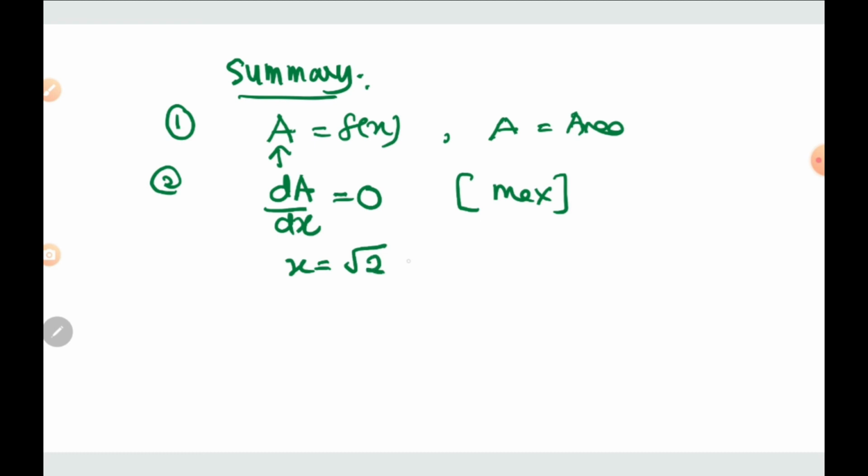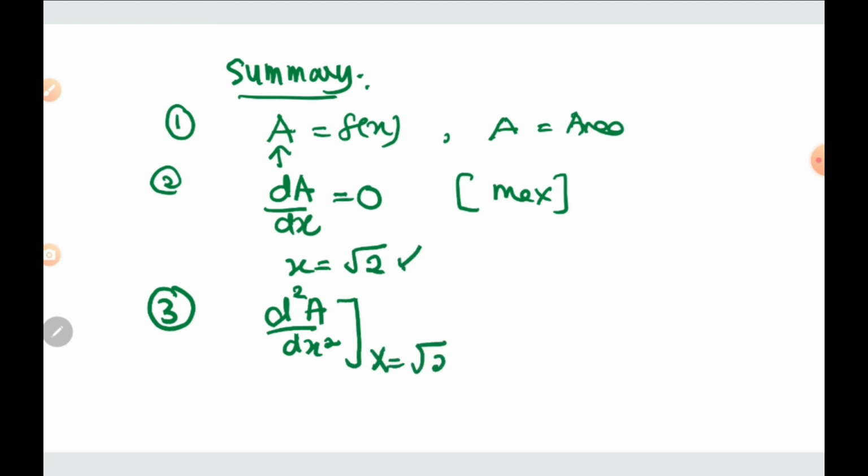So when x equals to root 2, the area is maximum, but you need to do until the second derivative, that is d squared A dx squared. Then you have to substitute x equals to root 2 into d squared A dx squared, and show that you will get the answer is negative, that is less than 0.